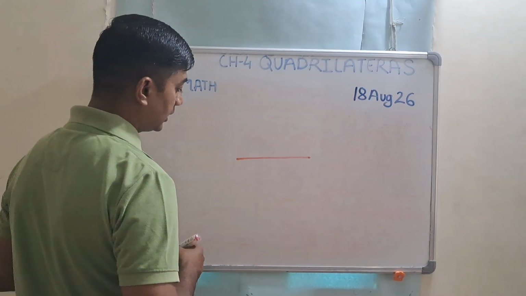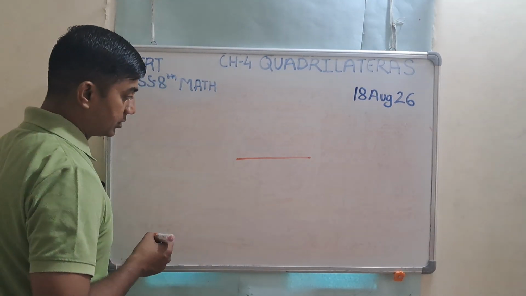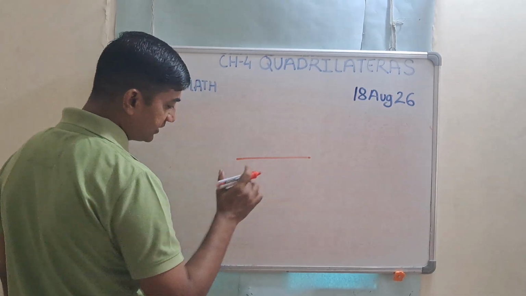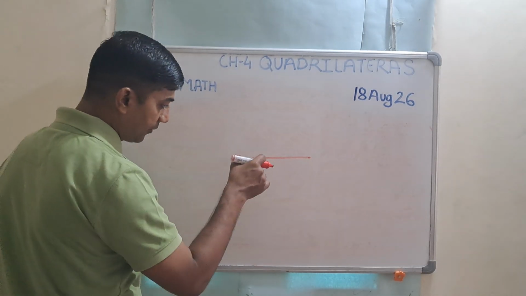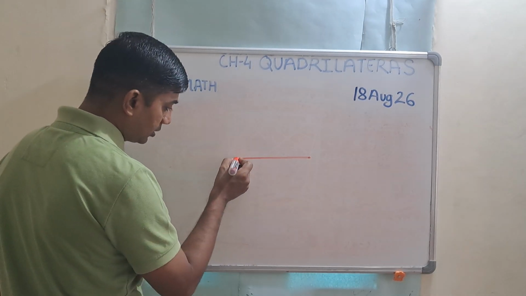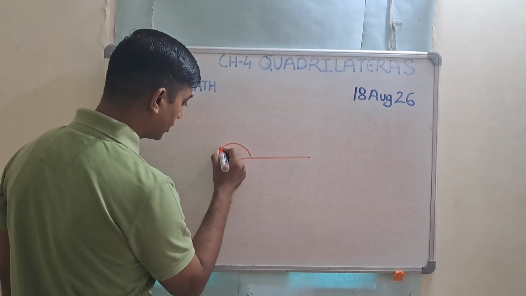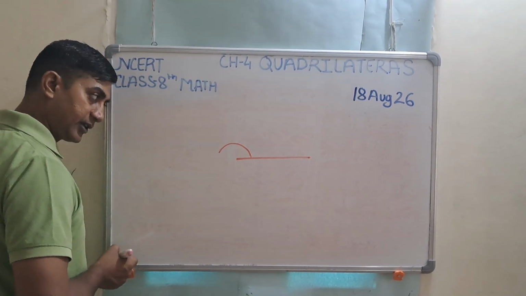I'll tell you, just see here. This is the line segment and you have a compass here. Use this endpoint and make an arc more than a semicircle. Understood?